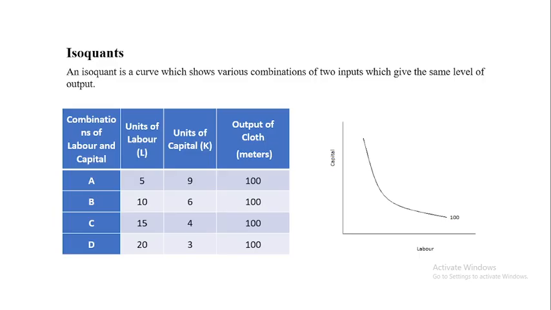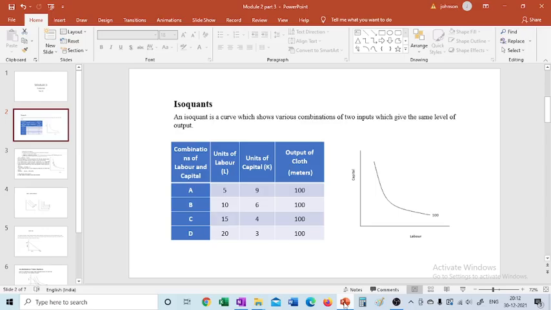We can take different combinations of labor and capital, but in such a way that all these combinations give the same level of output.